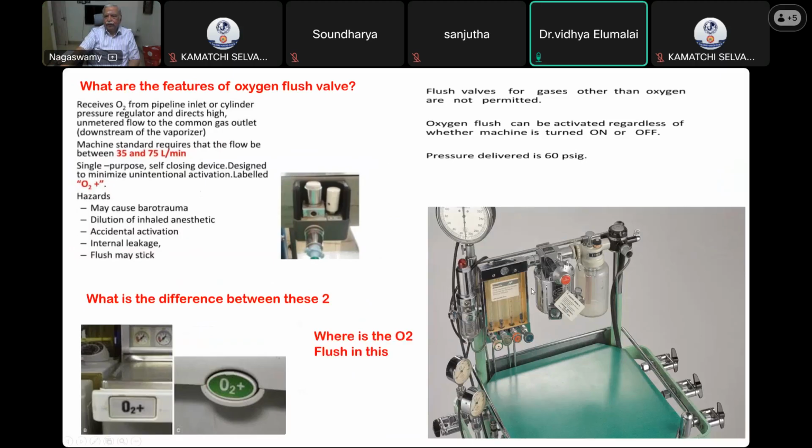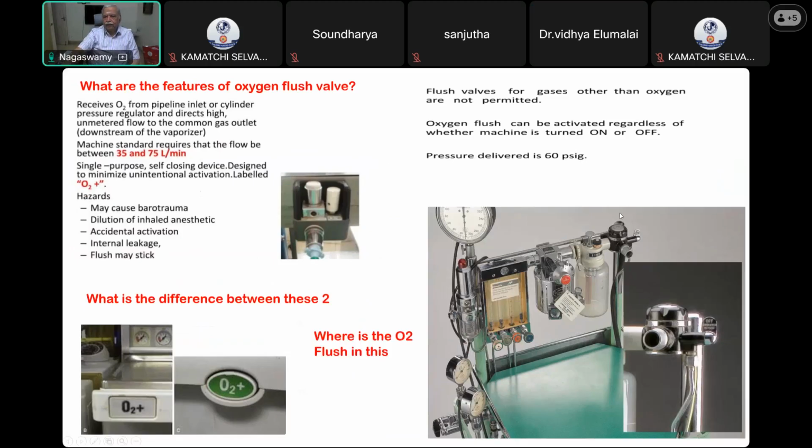Okay, you can see it is very close to that. This is the off position for the oxygen flush. When you turn it down, it will activate the oxygen. And this is the circuit selector in the older machine. This is the common gas outlet. I have zoomed this portion out so that you can see it. Can you see this knob? This is the switch for oxygen flush in the older machine.